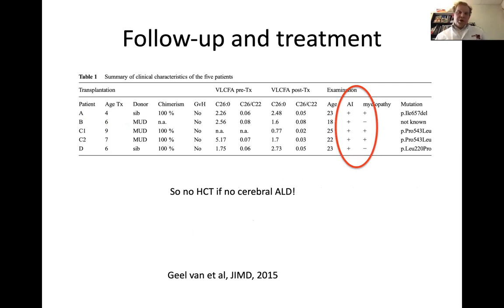Well, unfortunately, it seems very likely that the bone marrow transplant only affects the cerebral ALD component, and not the myelopathy of adulthood, and also not the adrenal insufficiency. There's one retrospective study that shows that boys who were transplanted at an early age still often develop a myelopathy in adulthood.